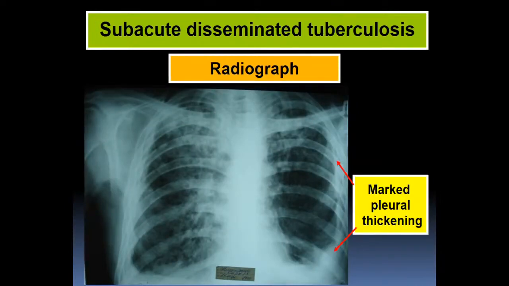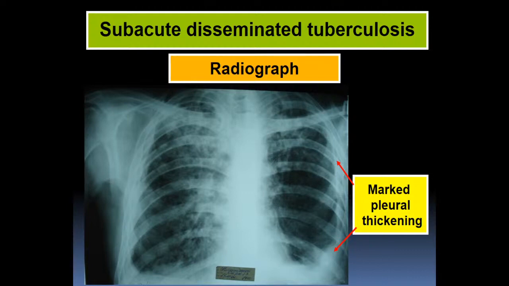On this X-ray, we can see the symptom of subacute dissemination, and this form of TB is complicated by pleurisy.